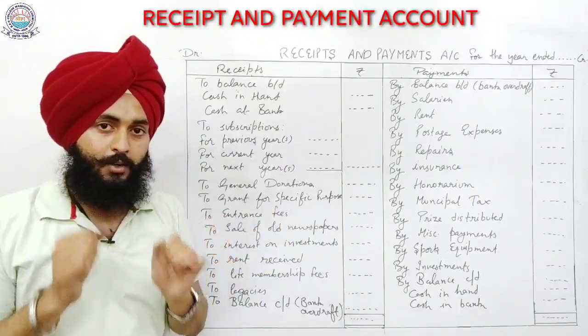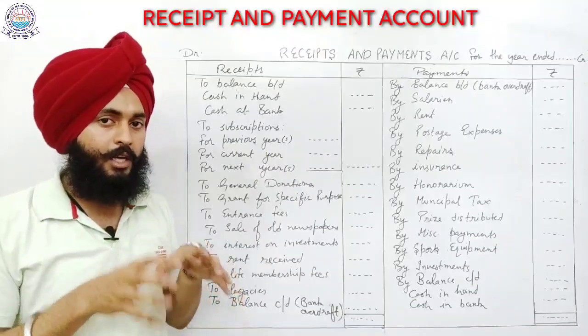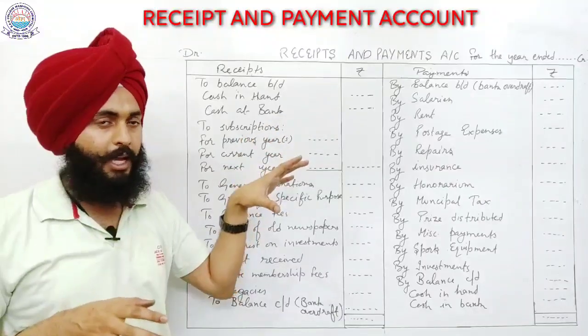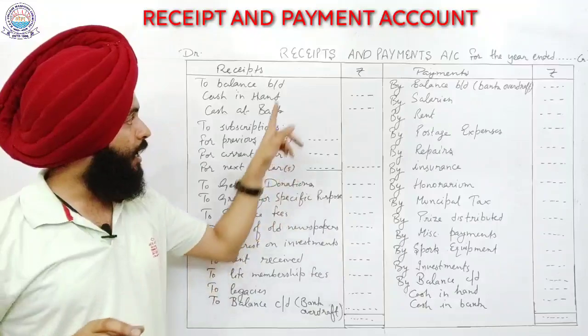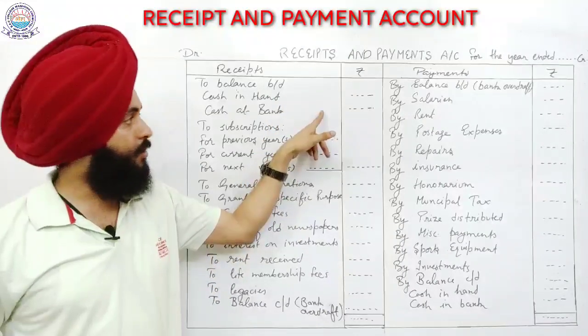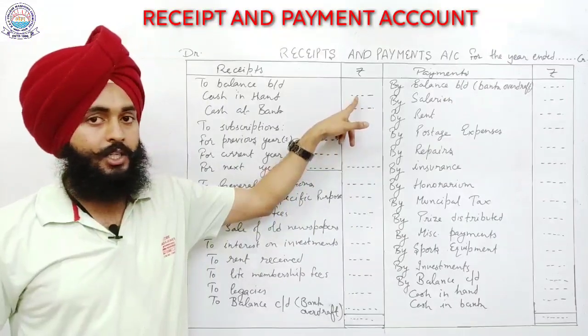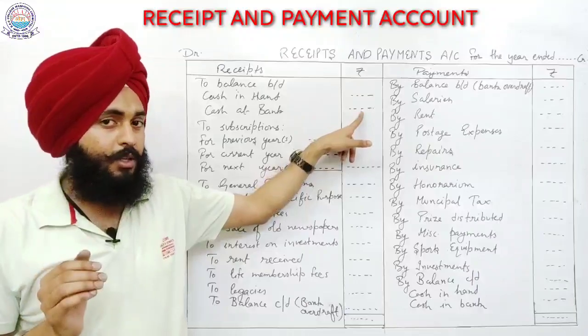First of all, as I told you earlier, in a receipt and payment account we start the account by writing down the opening balance, cash in hand and cash at bank. There is no need to add these amounts, just write them separately: which one is cash in hand, which one is cash at bank. And there is one more thing.